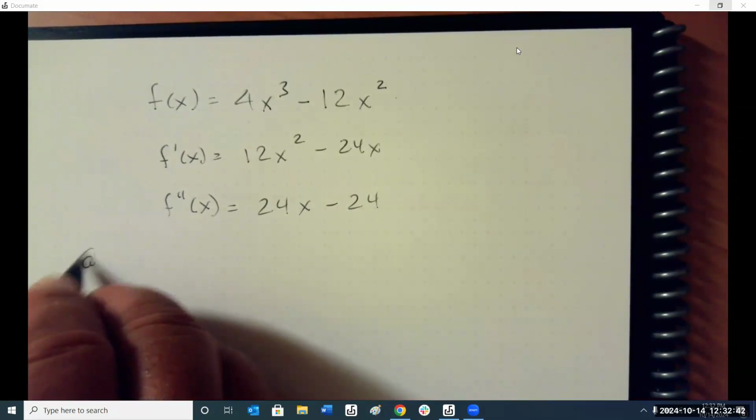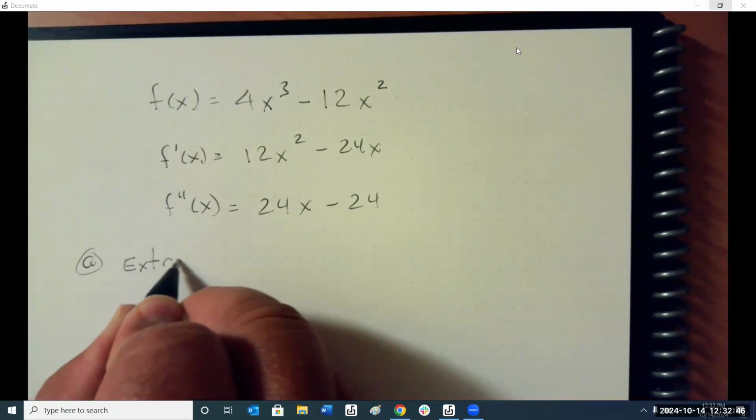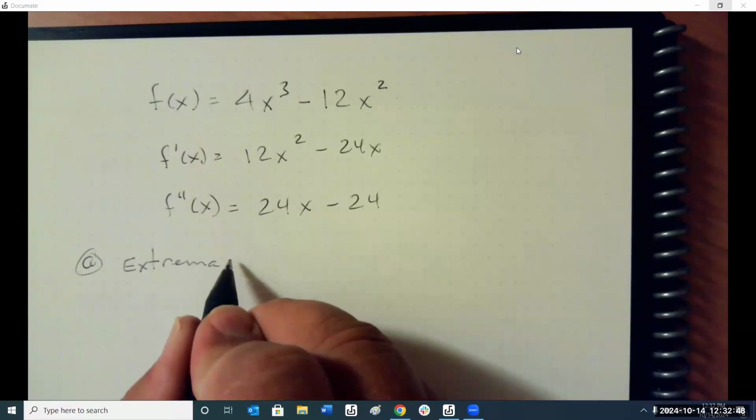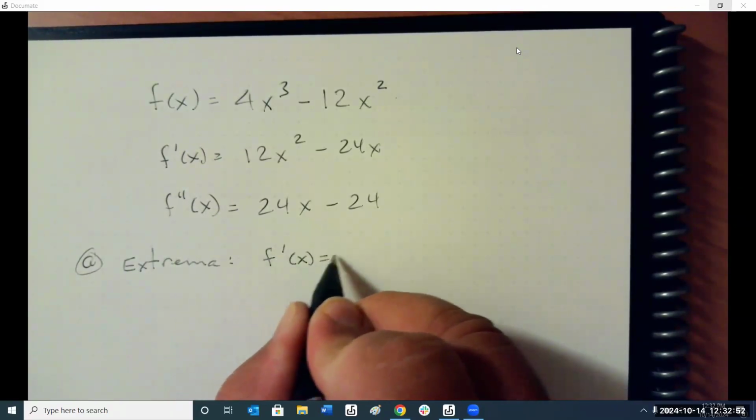Okay, A. The extrema are at points where the first derivative equals 0.